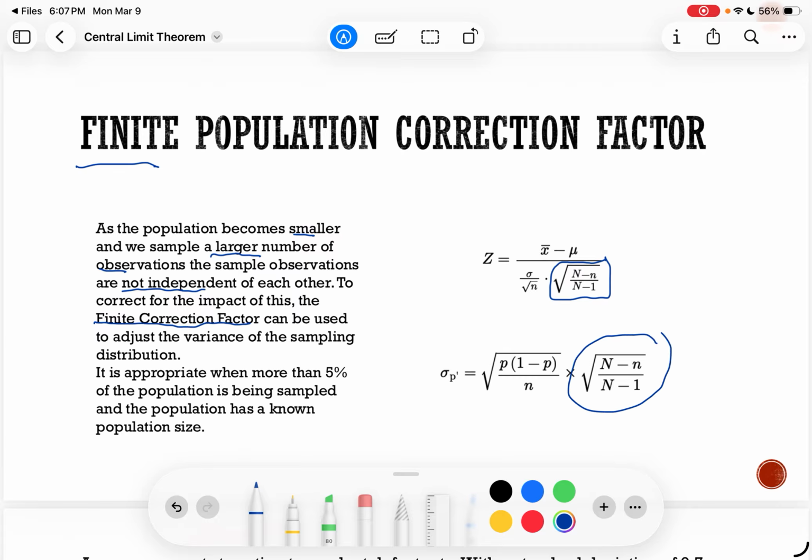It can be seen there and there, and it can be used to adjust the variance of the sampling distribution. It is appropriate when more than 5% of the population is being sampled. So if you sample more than 5% of the total population, it comes into play. So again, good formulas to have.